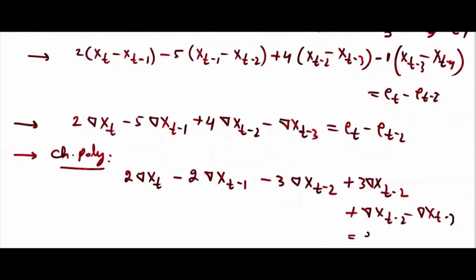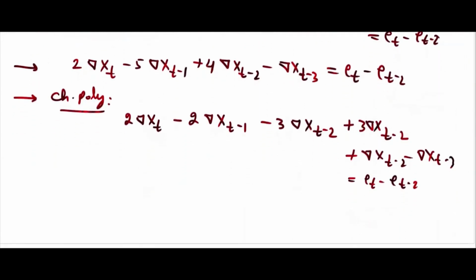So here nabla xt minus 2, that is et minus 2. Then in the next step, you take this 2 common, nabla xt minus nabla xt minus 1. That will be nabla square xt.